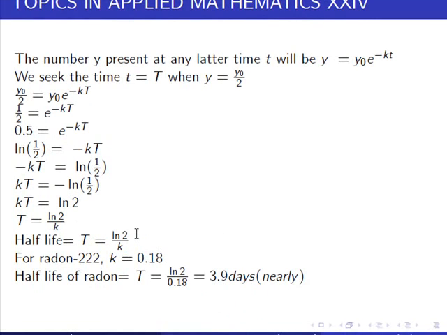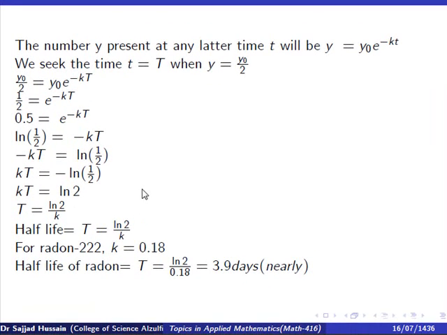The original quantity may be more or less, it does not matter, but it will be half within 3.9 days, nearly 4 days. So these are different problems related to initial value problems and some boundary value cases also.